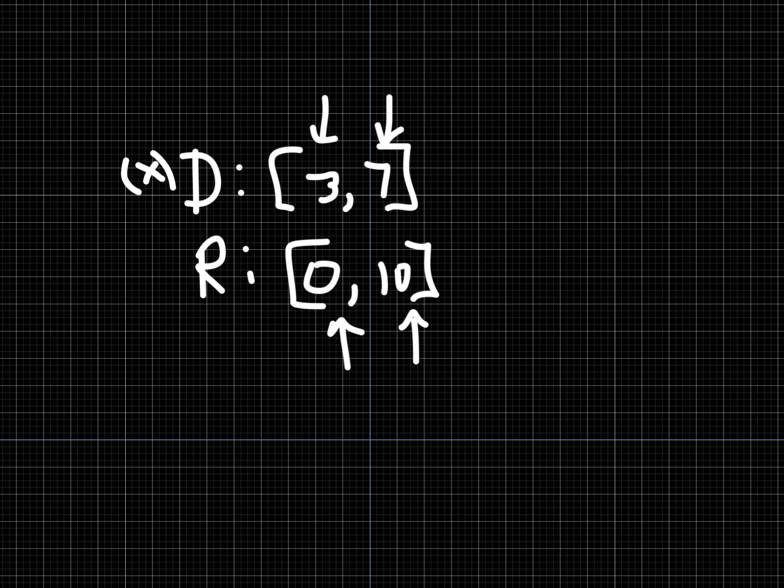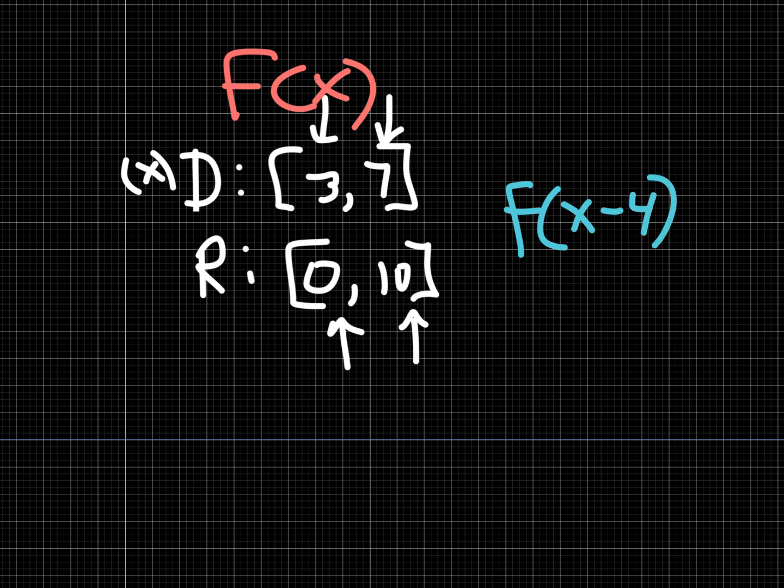All right, then let's say I tell you that if this is f of x, my new function is not going to be f of x anymore. It's going to be f of x minus 4. Now, you might be tempted to subtract 4 from all the x values, which would be the domain. And you're close.